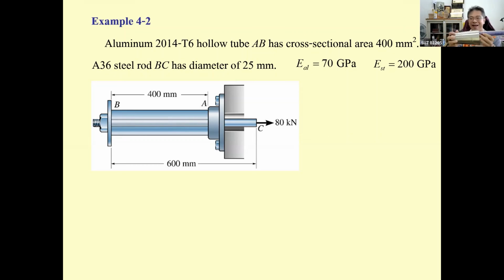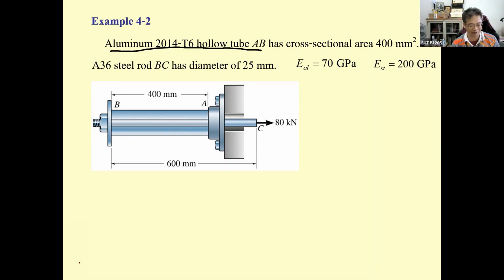But anyway, let me have this one be AB, and it's made by aluminum. Okay, this is AB, and this one is going to have 400 square millimeter. And it's hollow, okay? And then we have the steel rod.